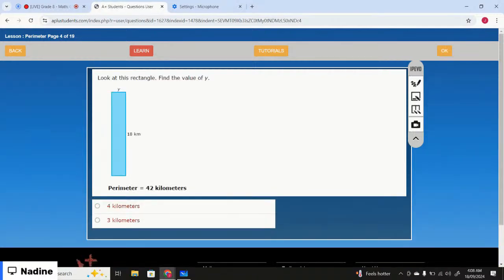Look at this rectangle. Find the value of y. So which is the correct option?